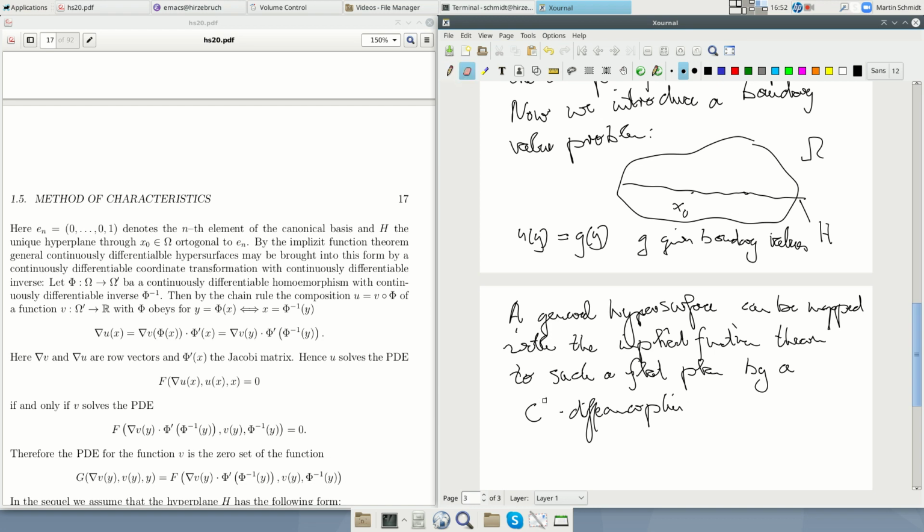Not only C1, we will need more. So by a diffeomorphism. So what does this mean?